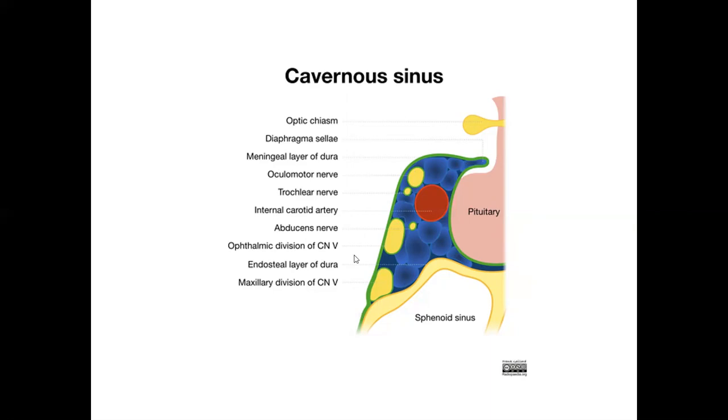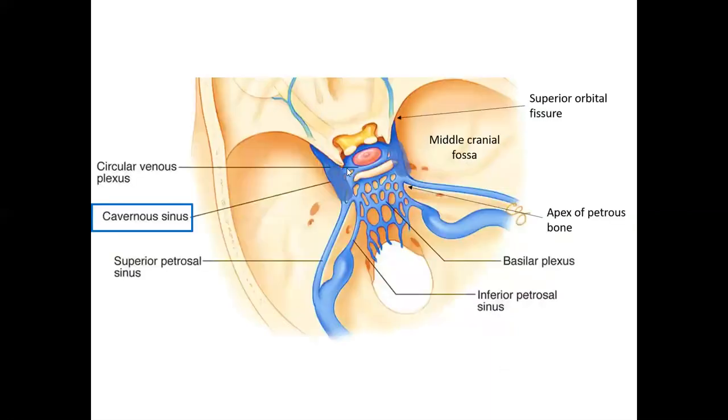This is again the dural fold, diaphragma sellae, and you can see the cavernous sinus here. These are the adjacent structures.